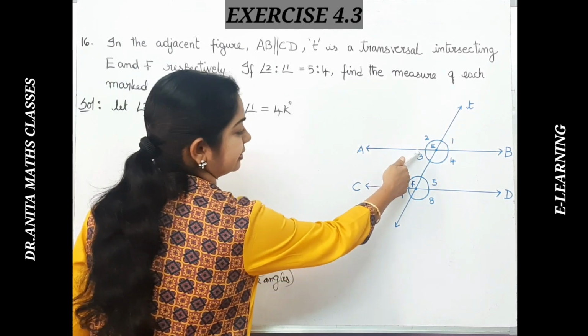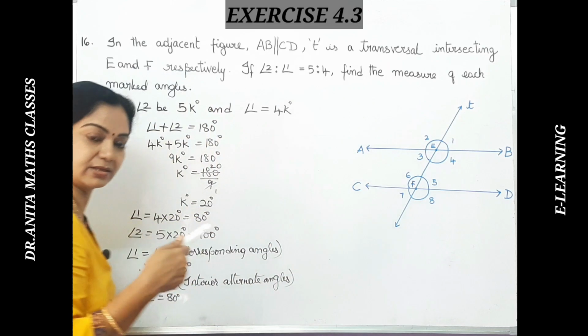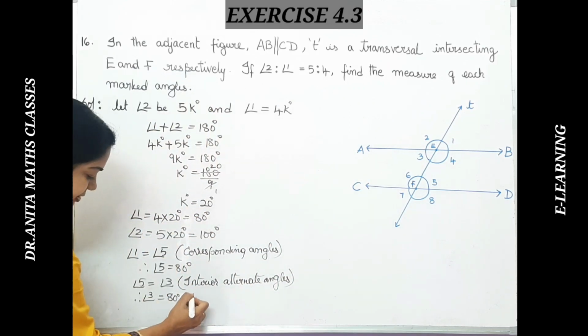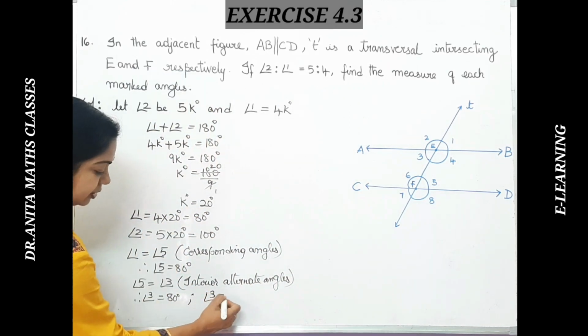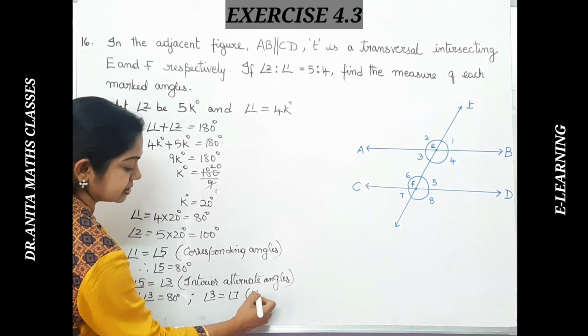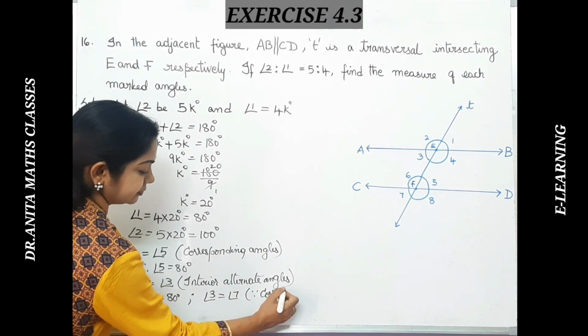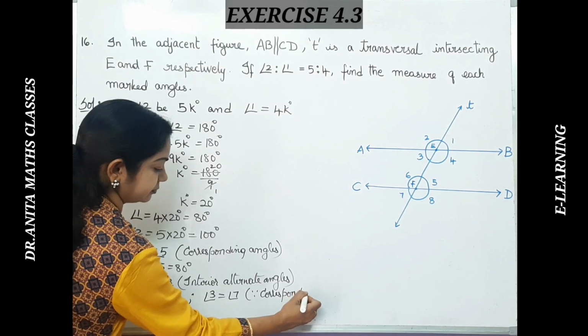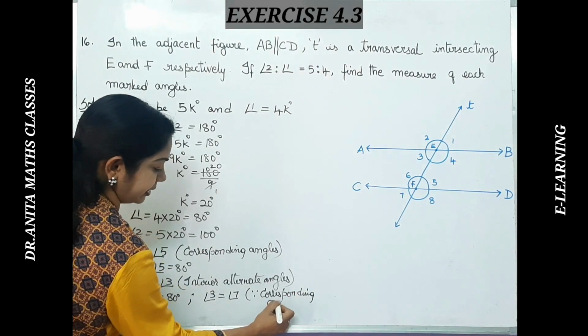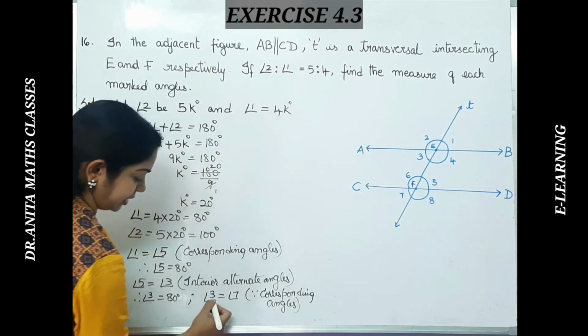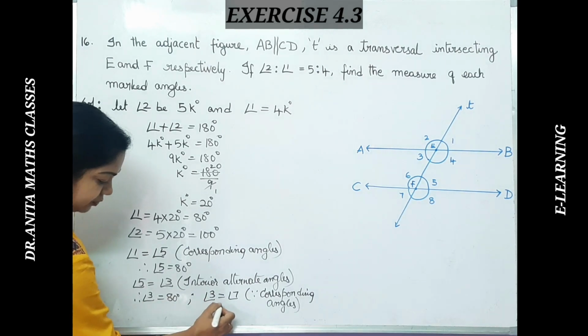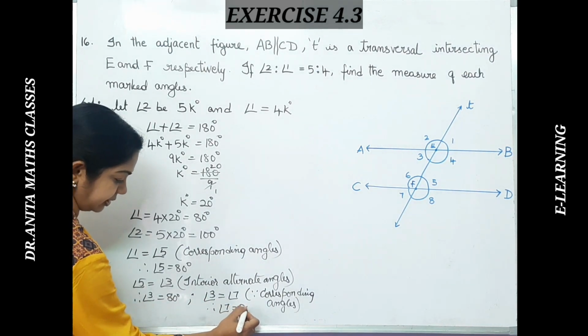Now angle 3 and angle 7 form corresponding angles again. Angle 3 equals angle 7 since corresponding angles. Since 3 is 80, therefore angle 7 is also equal to 80 degrees.